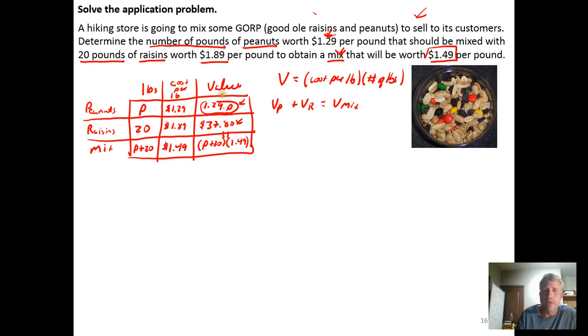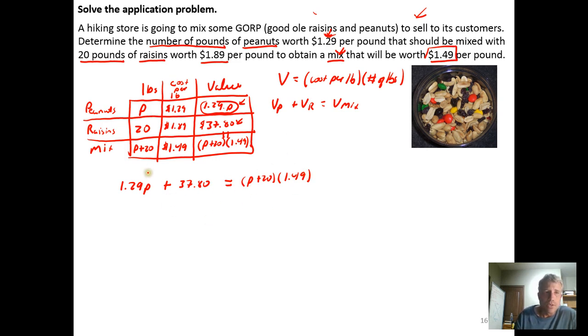Sometimes it's not the final column, but here I can use it to get a single variable linear equation to describe my situation. I have $1.29 times P, dollars worth of peanuts, mixed with $37.80 worth of raisins, equaling a total value of P plus 20 pounds of mix times the $1.49.